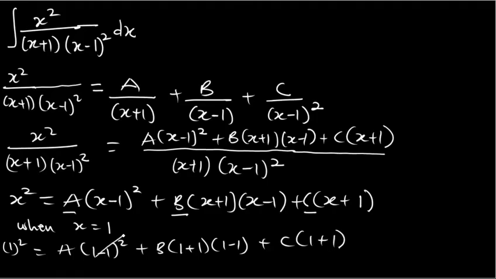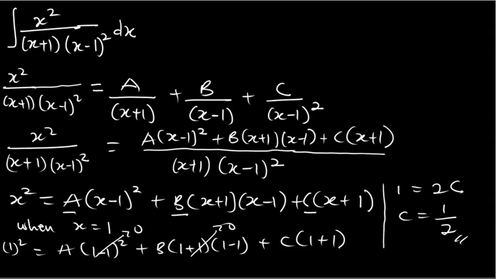Are we okay? This will go to 0, this will go to 0, and that will be 2C. So with this, I'm going to get 1 is equal to 2C. Then my C is 1 on 2. So we now know the value of C to be 1 on 2. Are we okay?